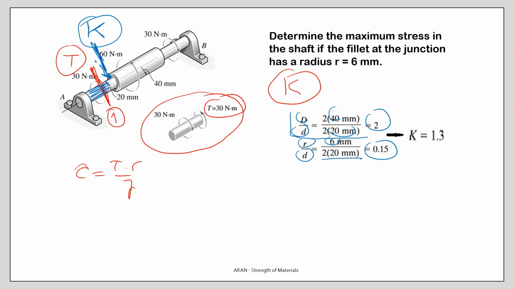So, with the help of the graph I have shown in the previous slide, you can find that the K is 1.5.